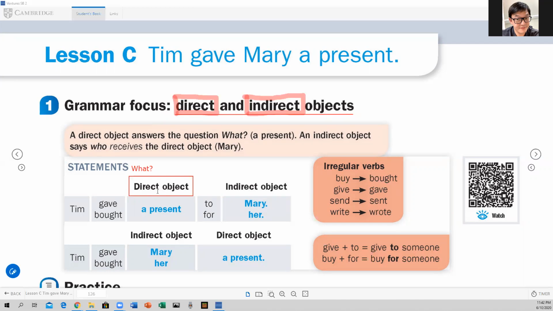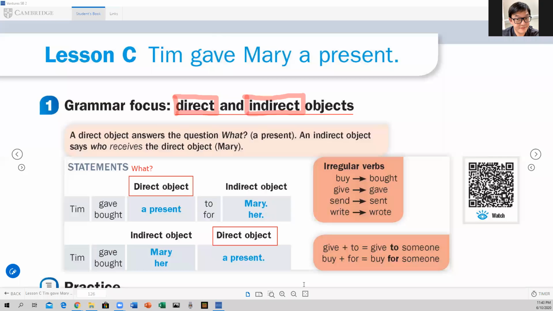Okay? Now, look at this sentence here. Tim bought what? A present. So a present is the direct object. Why?